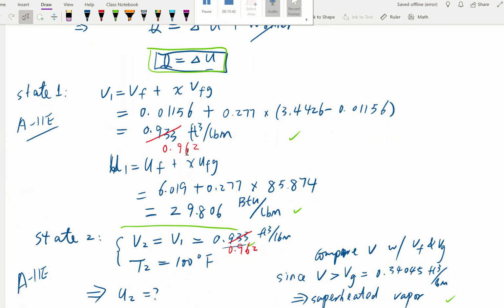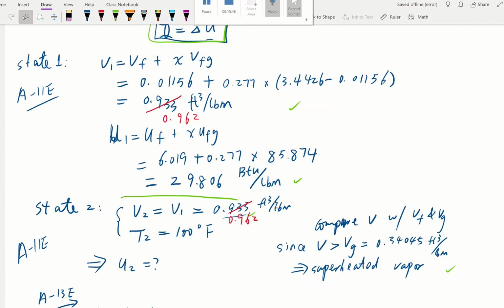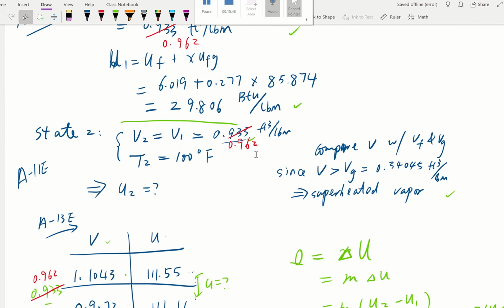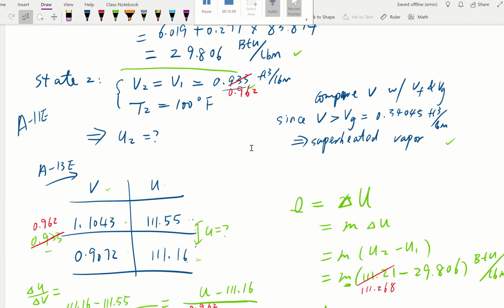So with that change being 0.962, and my U1 does not need to be changed, the cascade to the next mistake will be here because V2 is equal to V1. However, this does not change. It is superheated vapor. Why? Because this is way greater than 0.34, still superheated vapor.